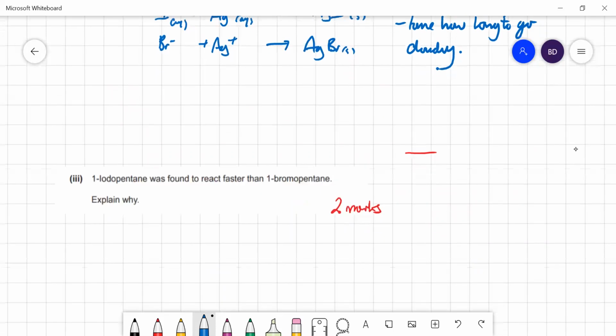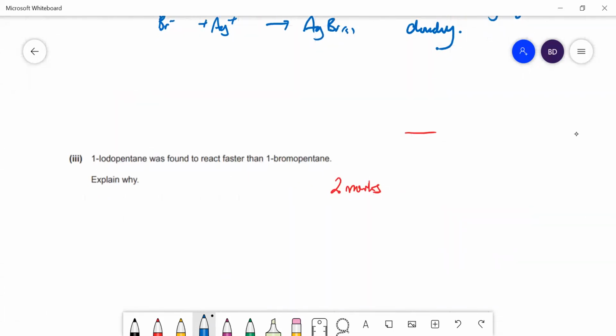1 iodopentane was found to react faster than 1 bromopentane. What is the reason for that? Right, we need to say that the bond between carbon and iodine is weaker than the bond between carbon and bromine. So that bond is easier to break, so it reacts faster.